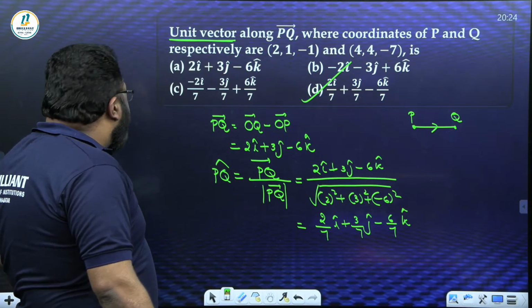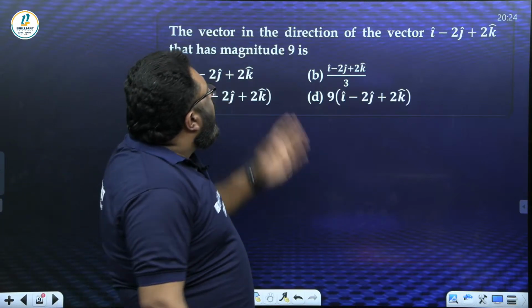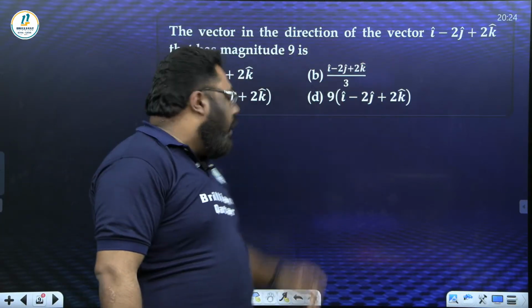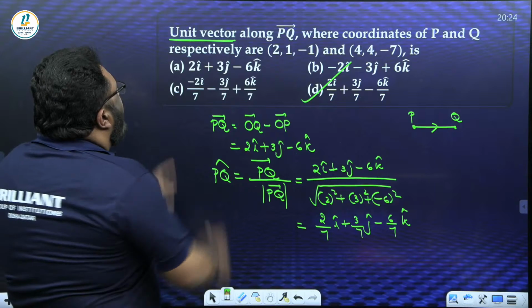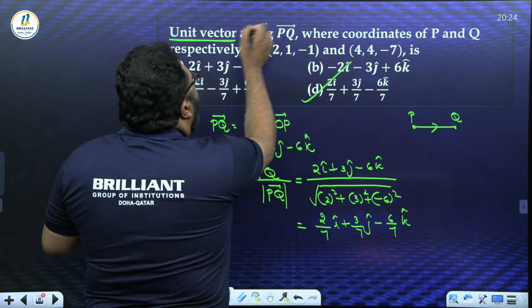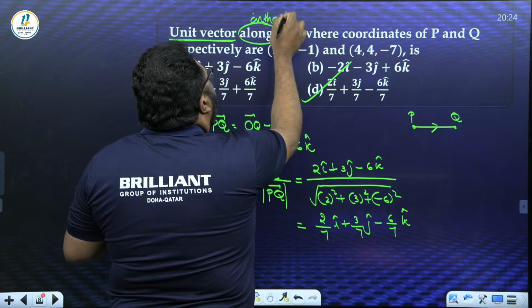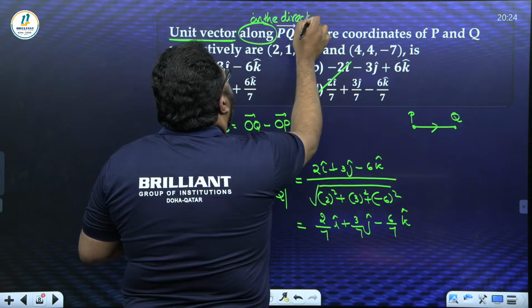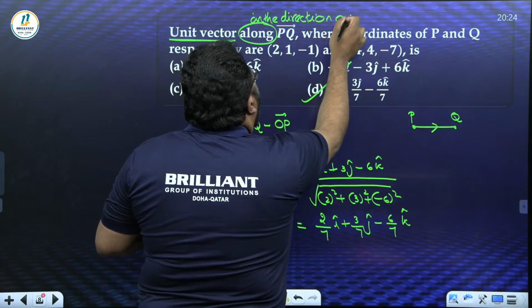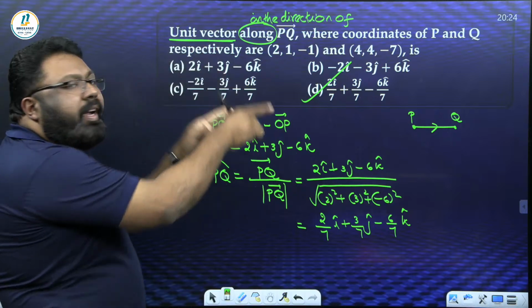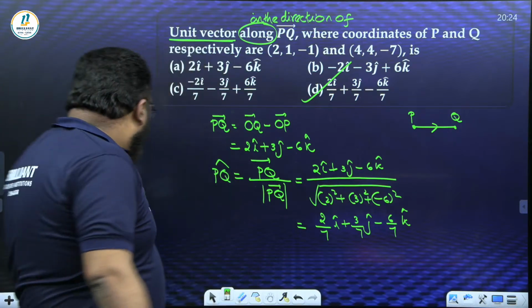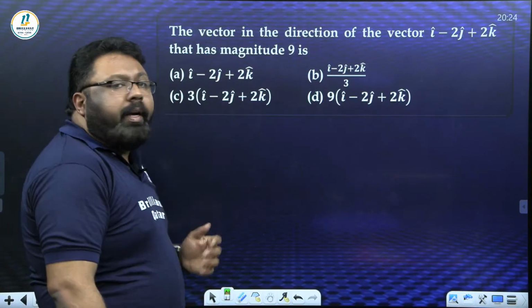Moving on to the next question. Unit vector along, and along means in the direction of. So this is a vector in the direction of something. Now here they didn't specify a unit vector.